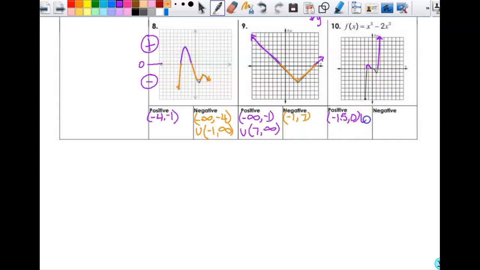And then we go from 1.5 to infinity. It's negative here and here. So I'm going from negative infinity to negative 1.5. And then from 0 to 1.5. Okay, there's your increasing, decreasing, positive, negative, and extrema.